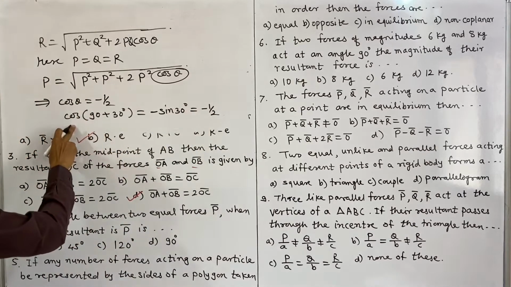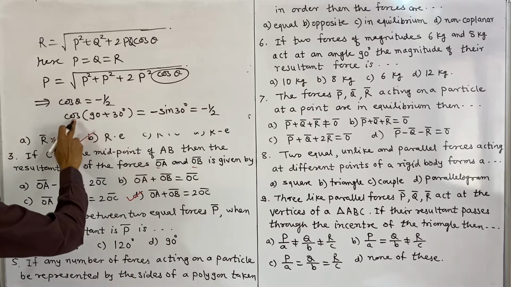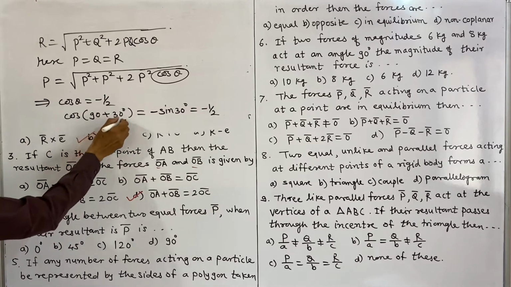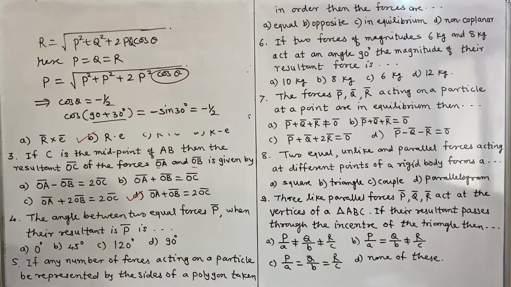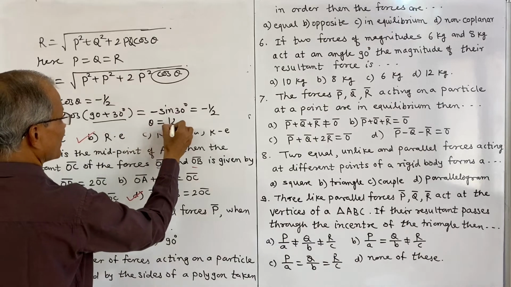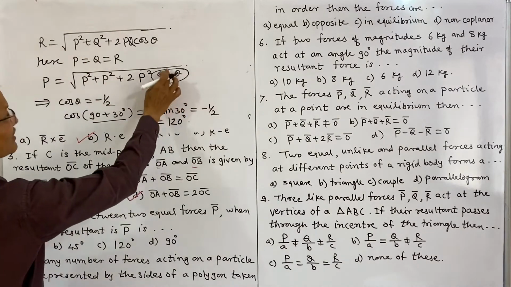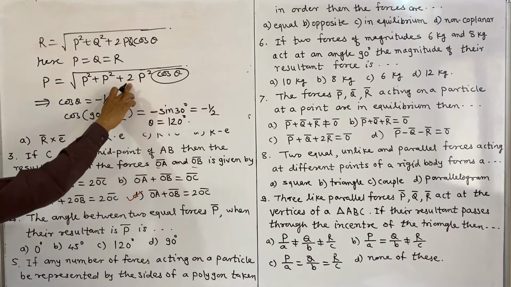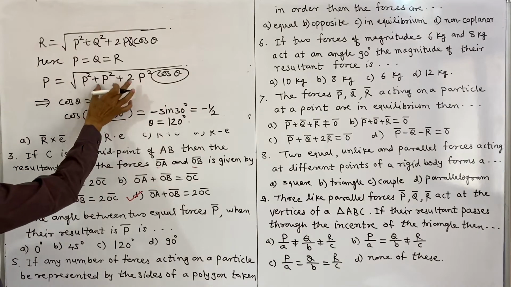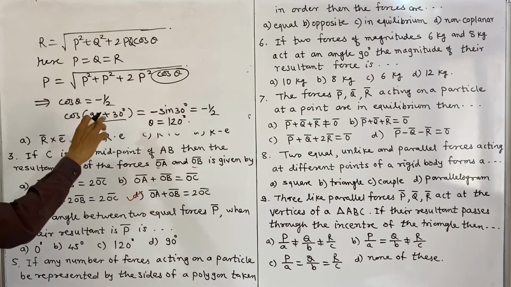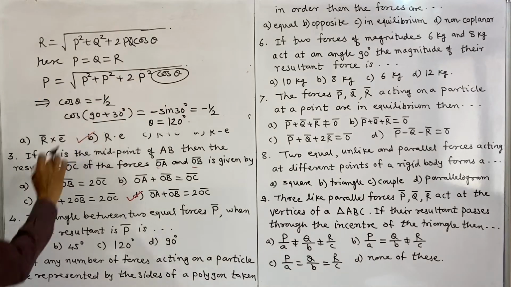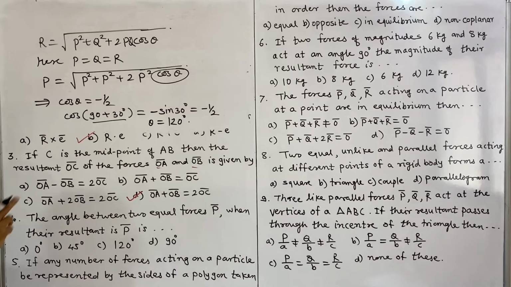So, therefore, cos theta is minus half implies this angle theta is 120 degrees. You should verify this: cos theta is minus half, and half of 2 is minus P square, and P square plus P square minus P square means root of P square, which is P. So theta is 120, and therefore the correct alternative is C.